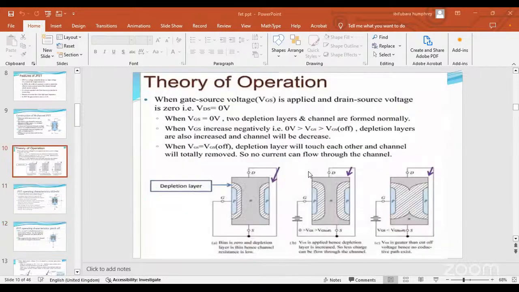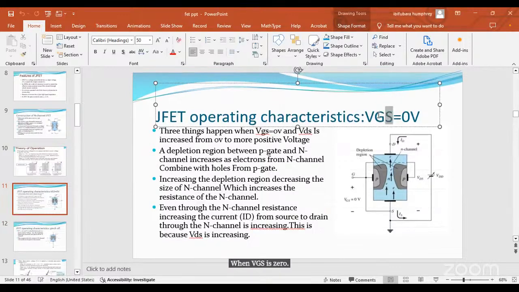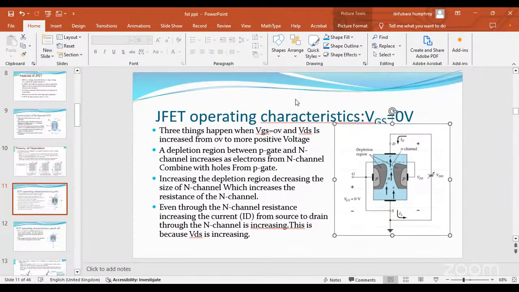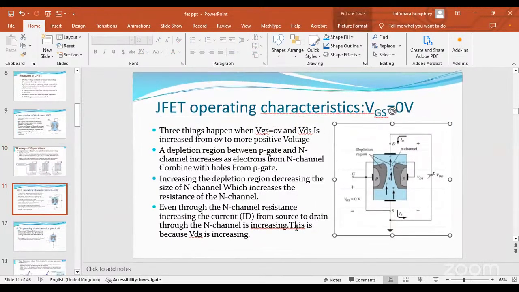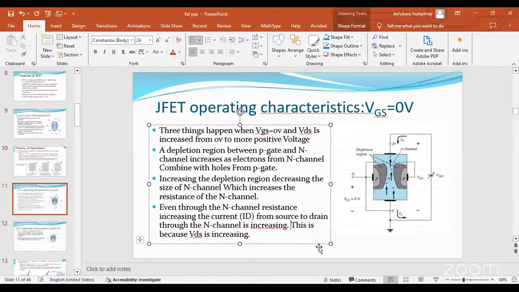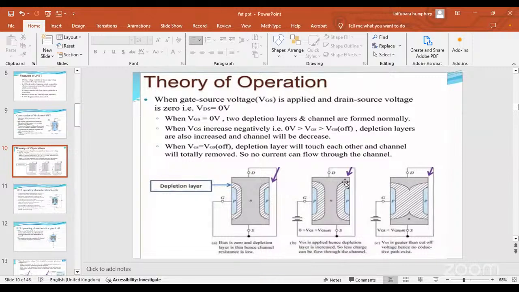Now, when VGS is 0, remember here, there is no VDS.